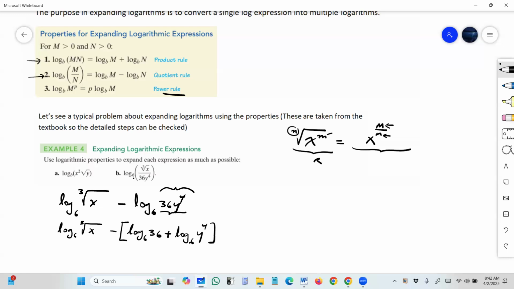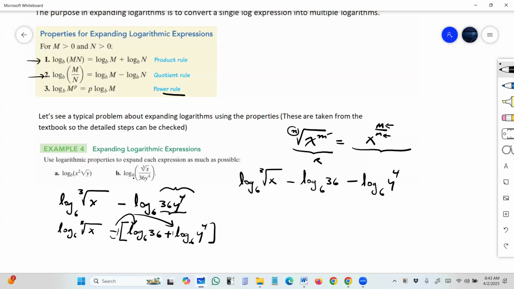And now, there's an invisible 1. This -1 is going to be distributed here and there. So I will end up with log base 6 of cube root of x minus log base 6 of 36, minus, right, -1 times a +1 is negative, log base 6 of y to the fourth.